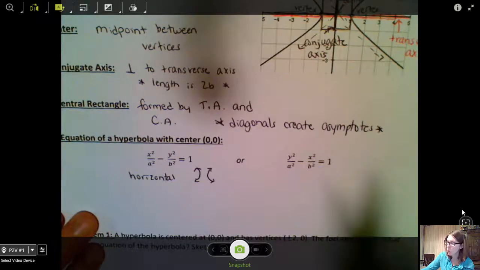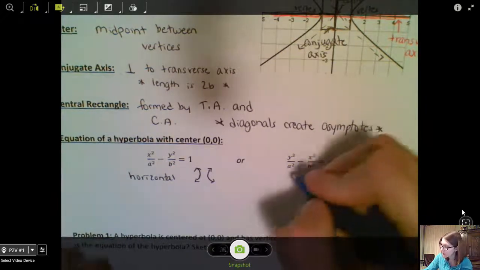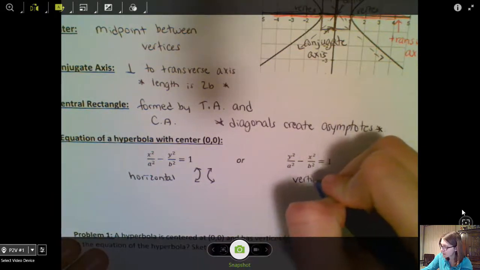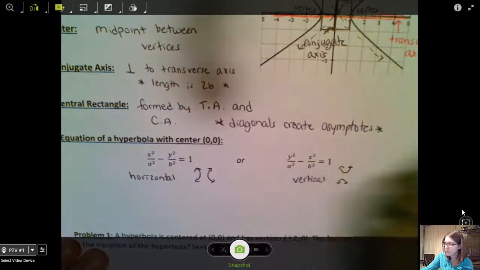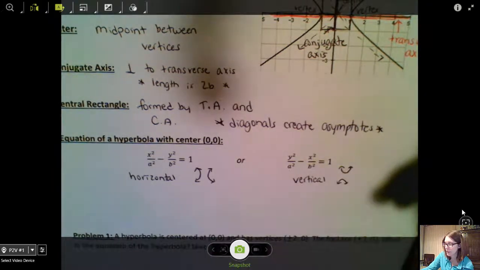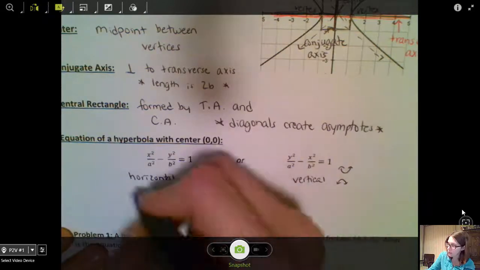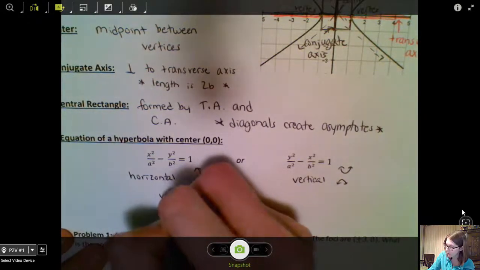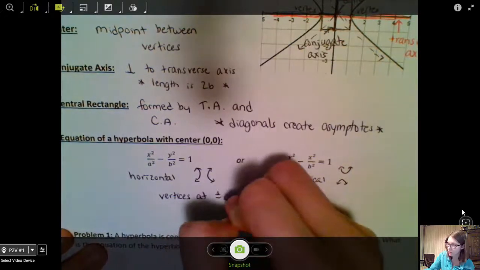Our other equation, y squared over a squared minus x squared over b squared, is vertical. Either way, we have vertices at plus or minus a.